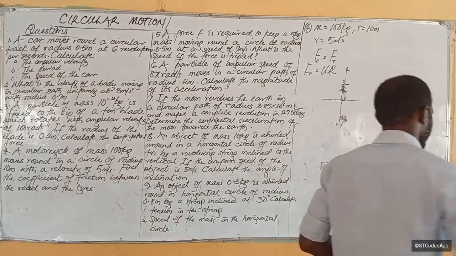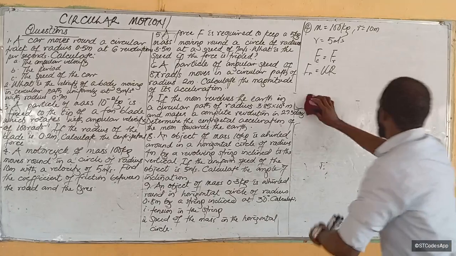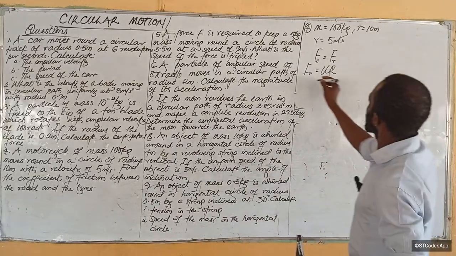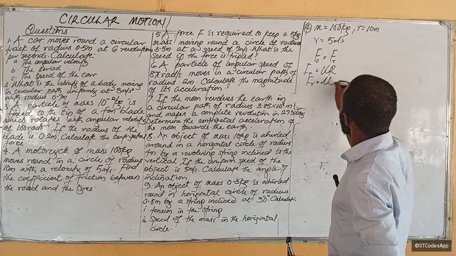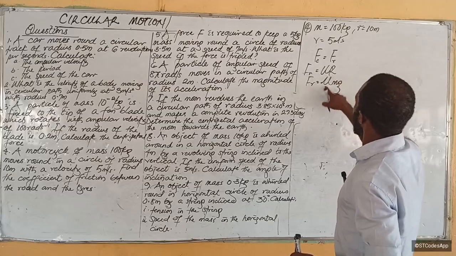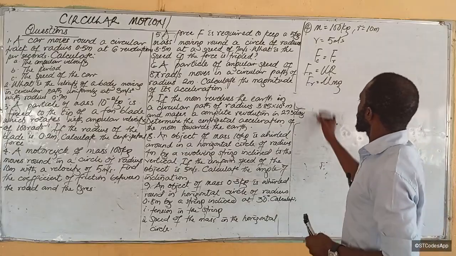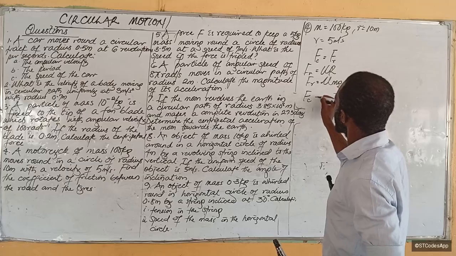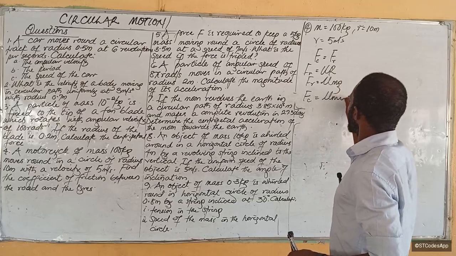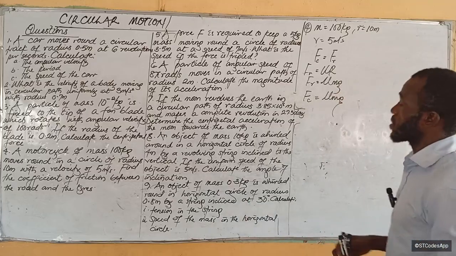So our frictional force is equal to mu mg, where mu is the coefficient of friction. So the centripetal force Fc equals mu mg.